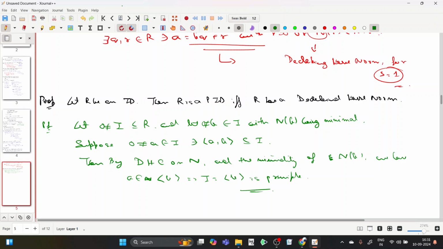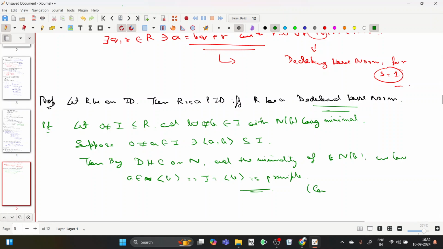So this proves that if I have a Dedekind Hasse norm defined on R, then R is a PID.